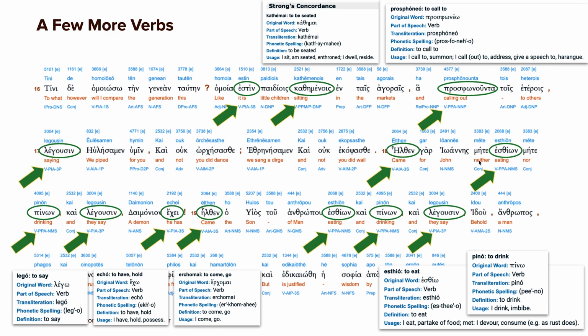They were neither eating. So John the Baptist wasn't eating and he wasn't drinking. He was just eating those locusts and honey, as you recall. He wasn't drinking, definitely not wine. And they said he had a demon. Legousin, again, we have third person plural of lego.